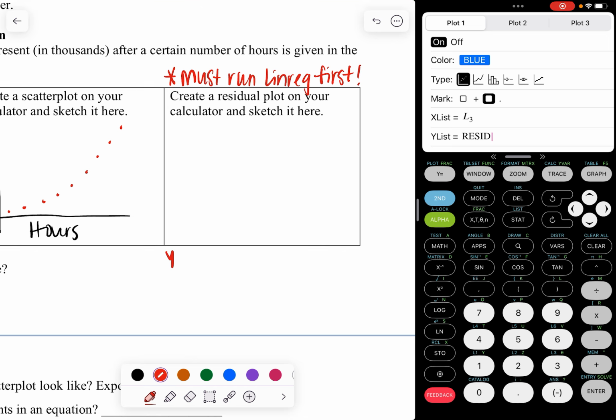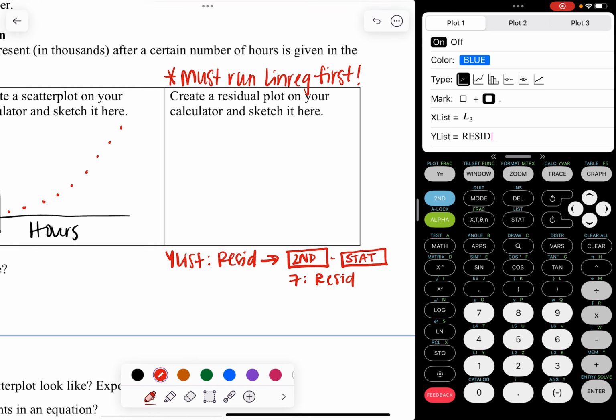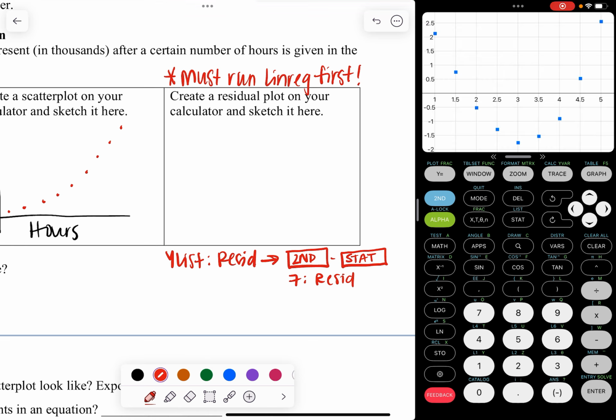So I'm going to make a little note, y list. We want it to say resid, and we get that by going to second stat, and typically, again, it's number 7. So now that I have that, I'm going to hit zoom 9. Oops. Delete, zoom 9. And you should see the residual plot.